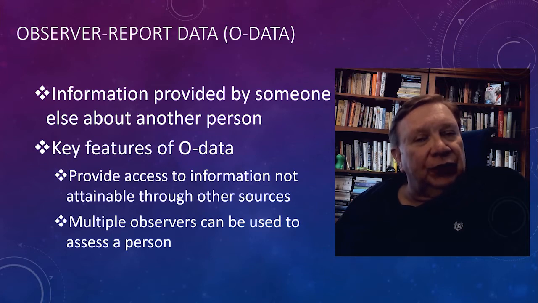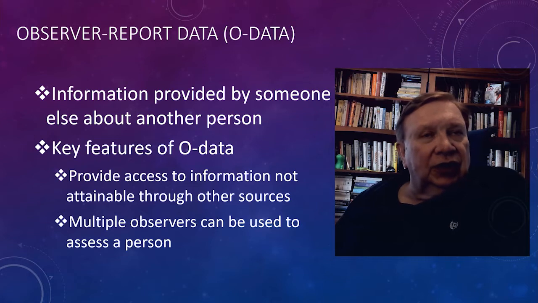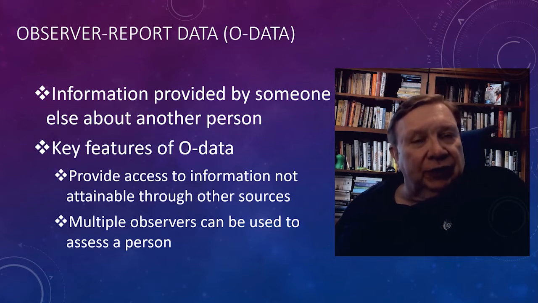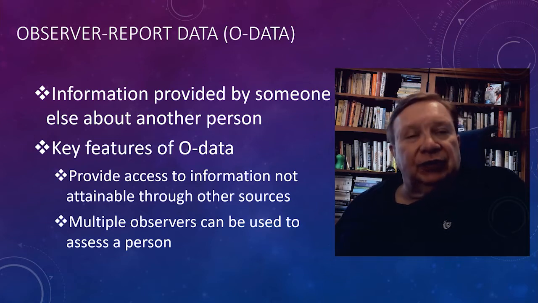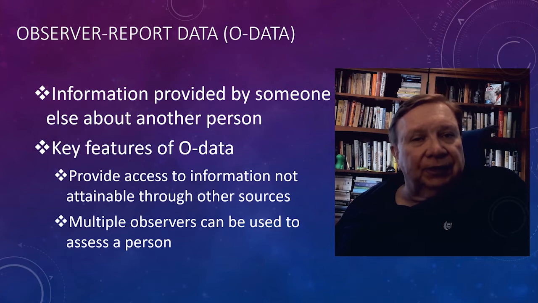In addition, frequently researchers use multiple observers, and you can triangulate on all those different perspectives on the person. We've collected data where we've had self-report ratings, observer report ratings, romantic partners providing data, same-sex friends providing data.